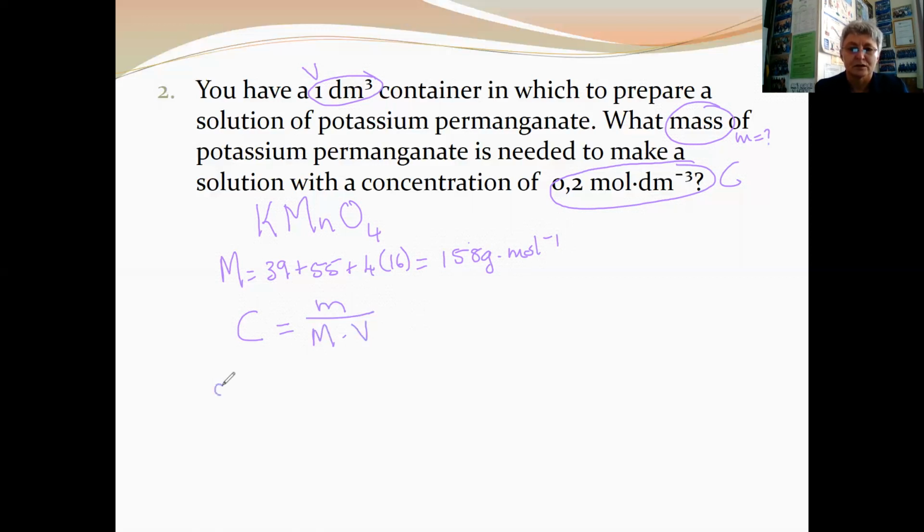Concentration was given as 0.2. The mass is what must be calculated. The molar mass is 158 and the volume is 1. So the mass would be 0.2 times 158, which gives me 31.6 grams.